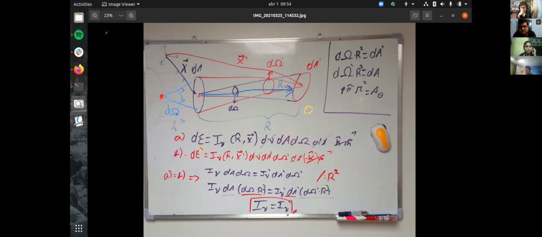But if the light source is not infinitely far away, then there's a solid angle that's going to create the first area element, and then the second area element, which is a continuation of the first solid angle.